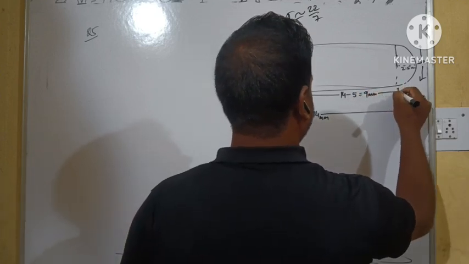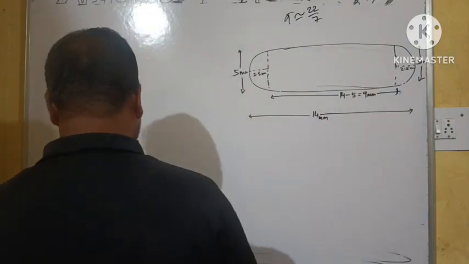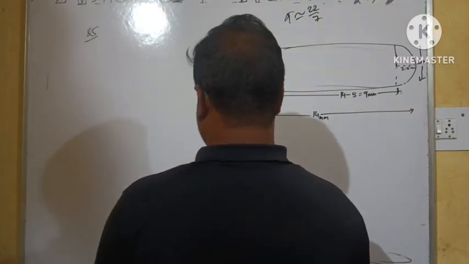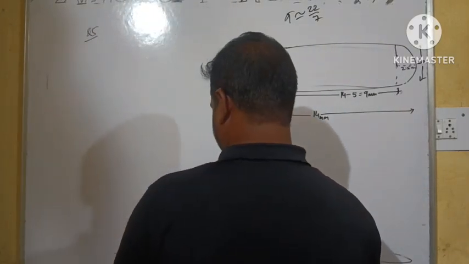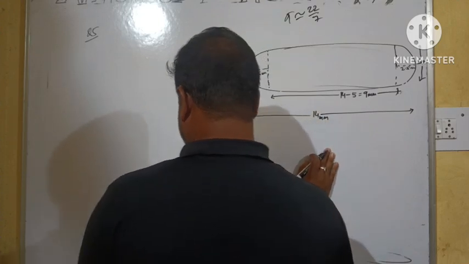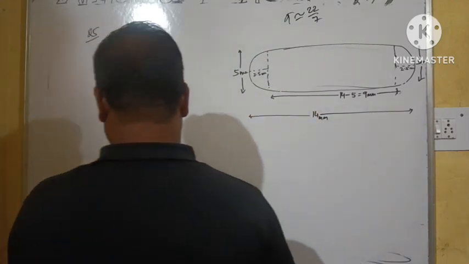This is the height of the cylindrical part. We have to find its surface area. Okay, write down.